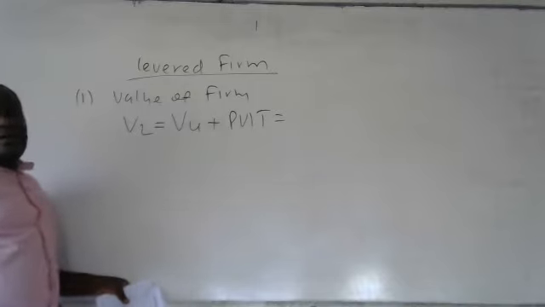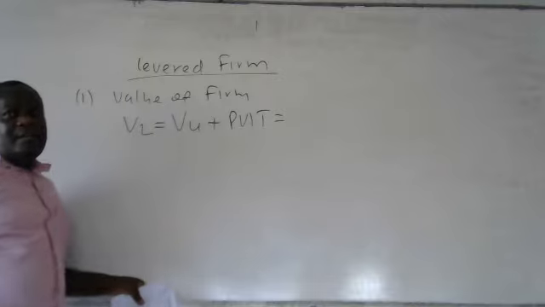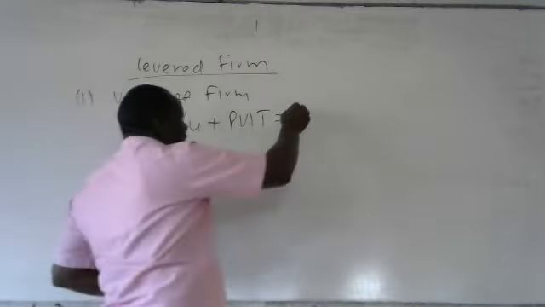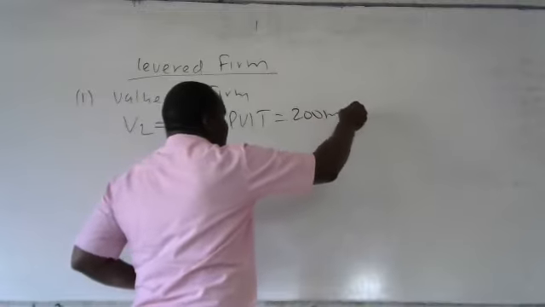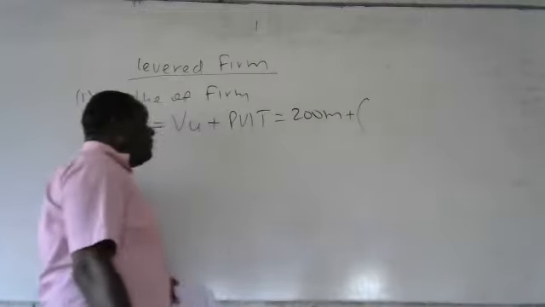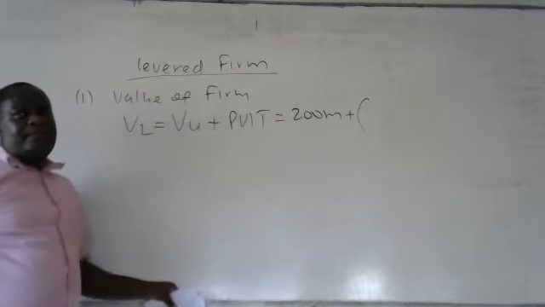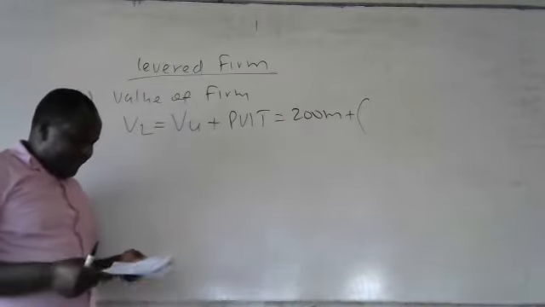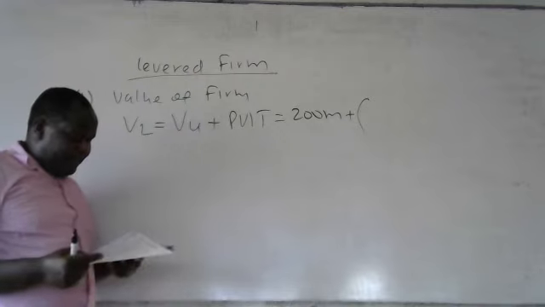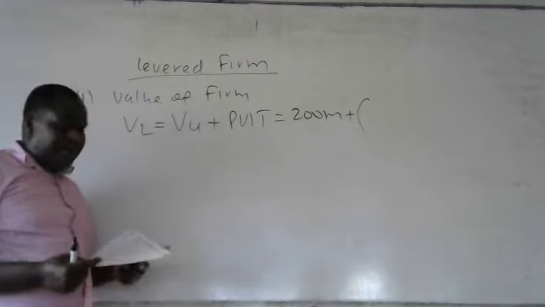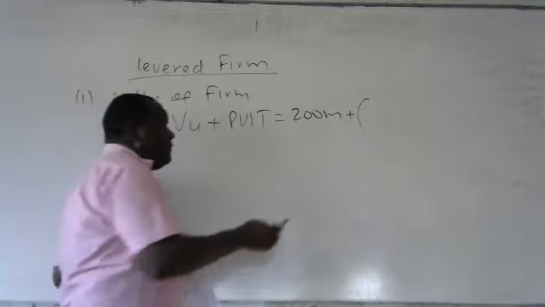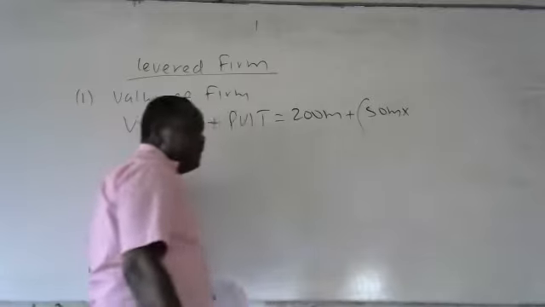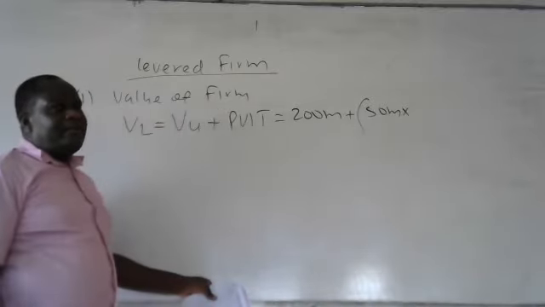You already have the value for unlevered, which was 200 million. So how much were they borrowing to make it levered? They want to borrow 50 million, that is in note number 3. So you take the 50 million multiplied by the corporate tax.